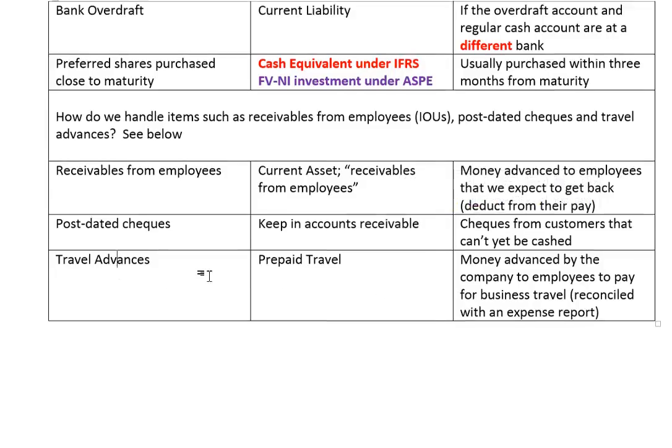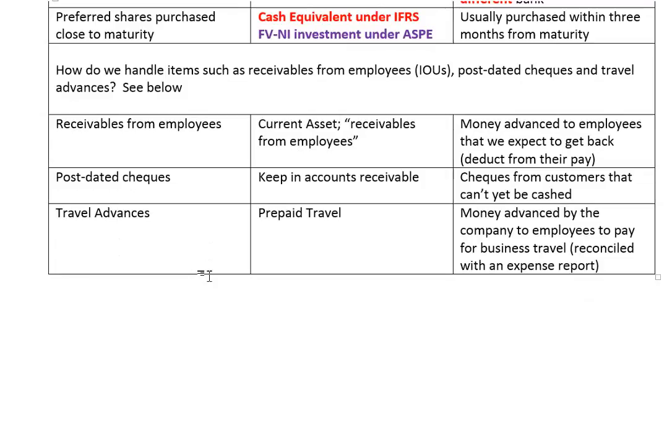Travel advances, for example, if our employees are traveling on company business and we advance them some money, we consider that to be prepaid travel. What would normally happen is that when we advance the money to the employee for business travel, they might book their hotel, their flight, their train, whatever they have to do to get to where the meeting is.